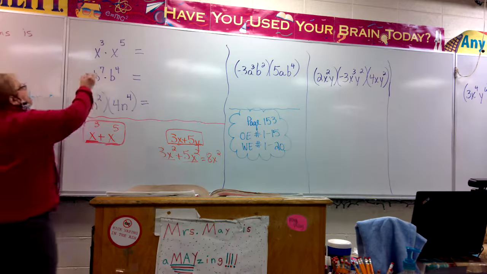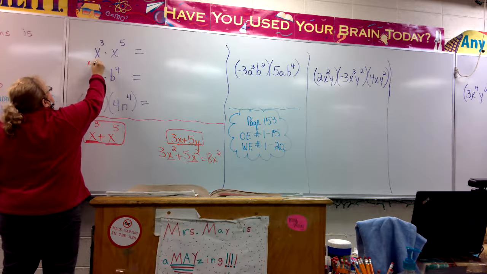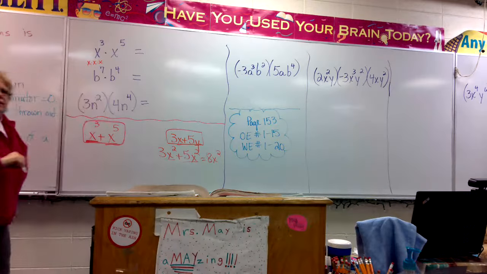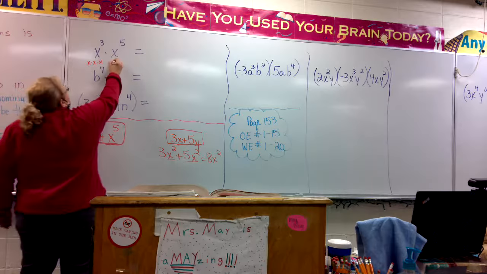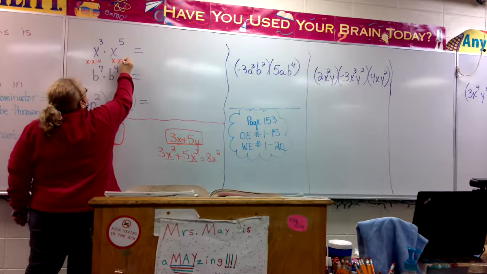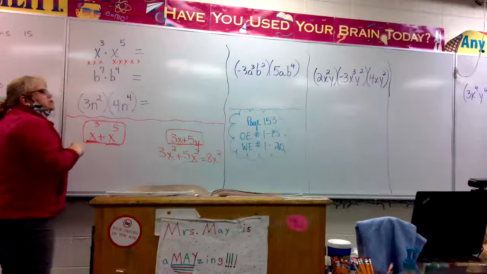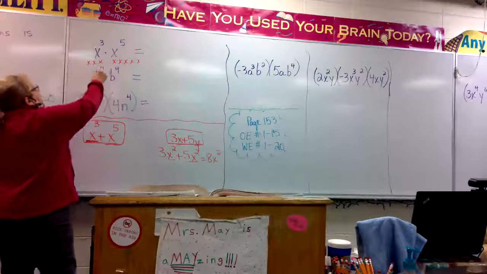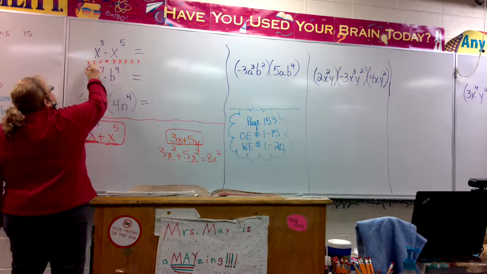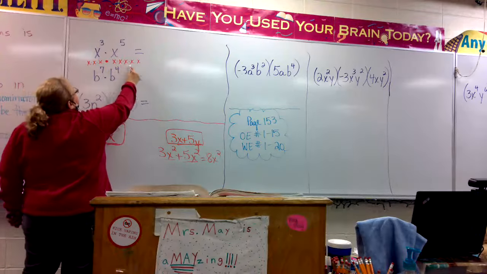Now, think about, what does x to the third mean? X times x times x. What does x to the fifth mean? The definition is I have 5 of those multiplied. Look up here. I am now going to be multiplying those, xxx times xxxxx.